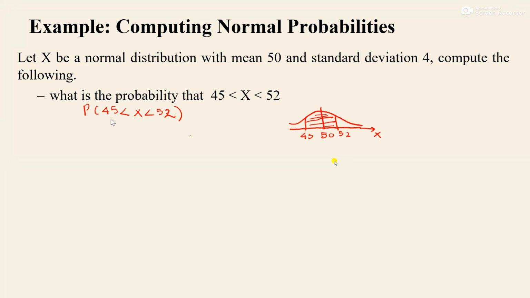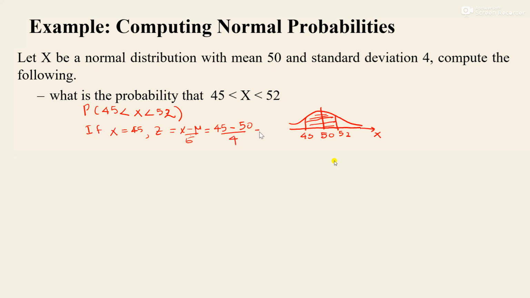So for these two boundary values, we have to calculate the z values, right? So if x is equal to 45, then z equals x minus mu over sigma, is equal to, now x is 45 minus mu, your mean value 50, and the standard deviation 4.